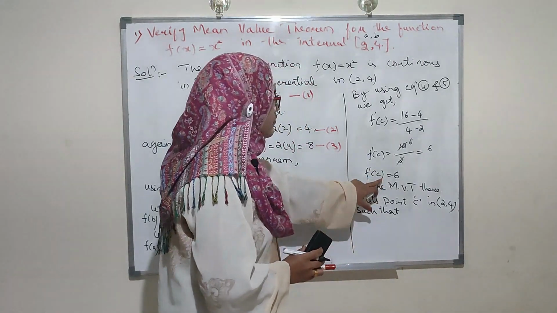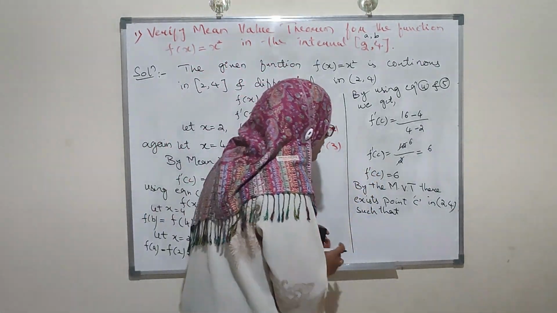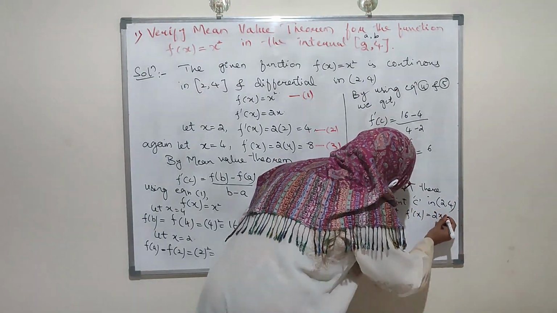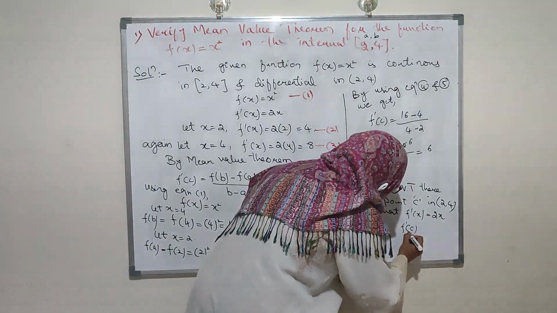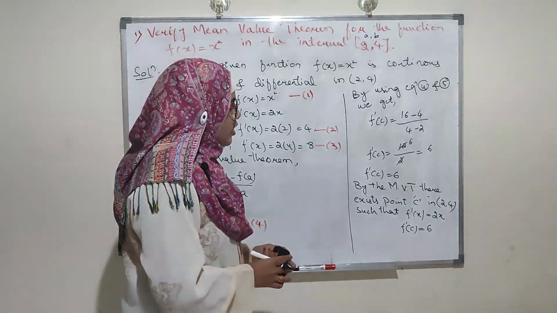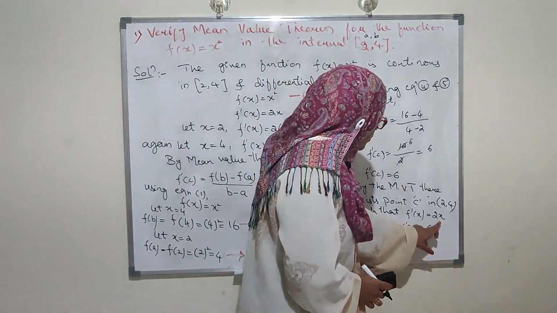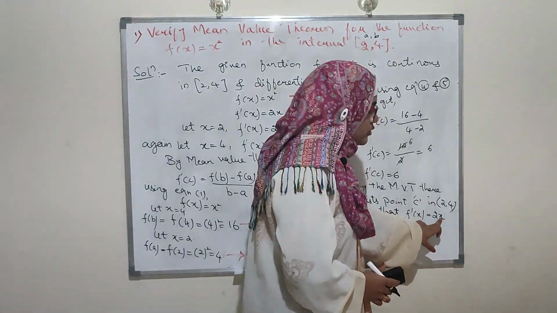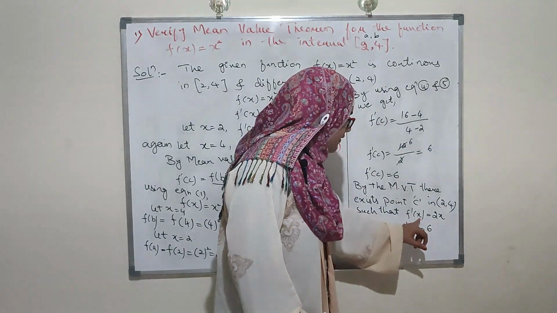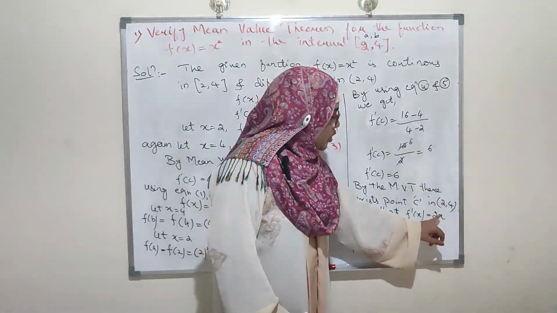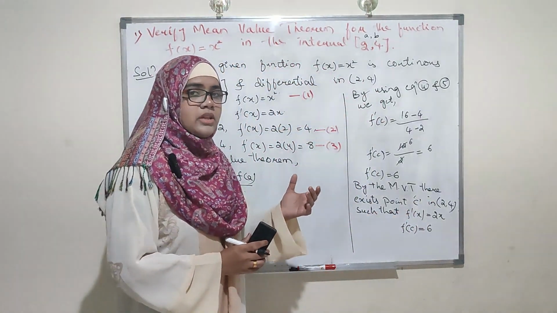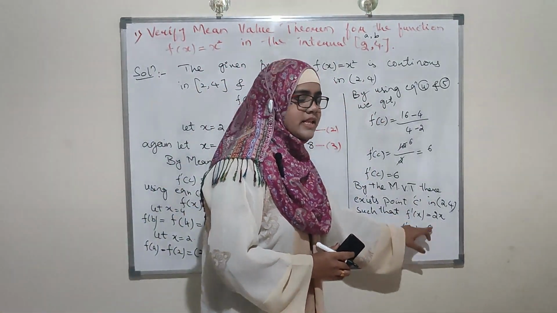we got f dash of c as 6, but we have f dash of x equal to 2x. Here we are replacing x by c. So what is x here? We have to choose a number which, multiplied by 2, gives 6.